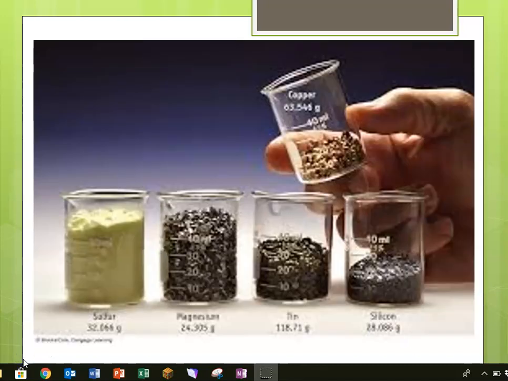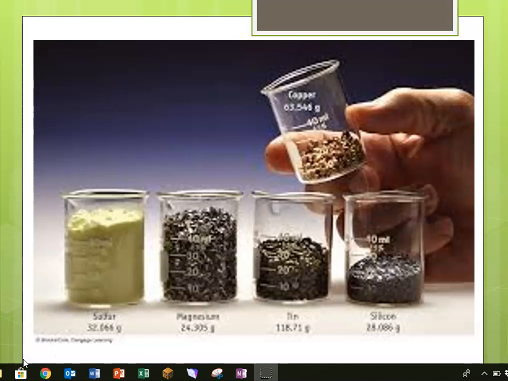You can see the same thing when we look at atoms, elements. Each of these beakers contains 1 mole of atoms of a different type. They have different masses and different volumes because they have different densities.